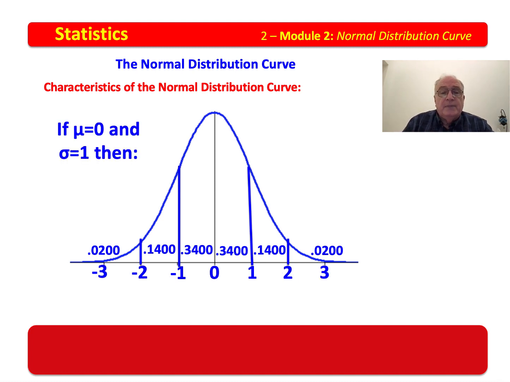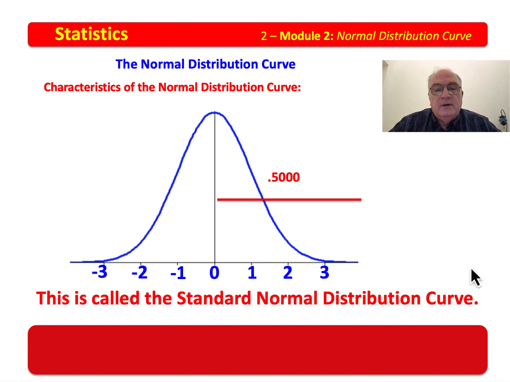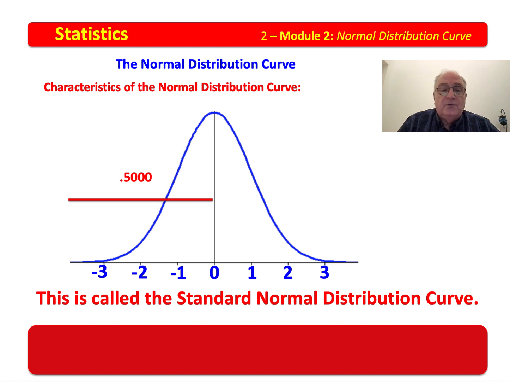identify in this curve. If mu equals 0 and the standard deviation is 1, then what we have is the standard normal distribution curve. We standardize to a curve where we have a mean of 0 and a standard deviation of 1. 50% lie above the mean, 50% lie below the mean.